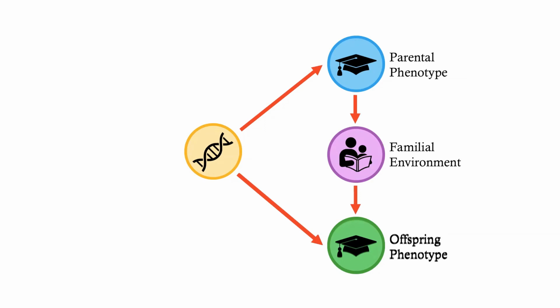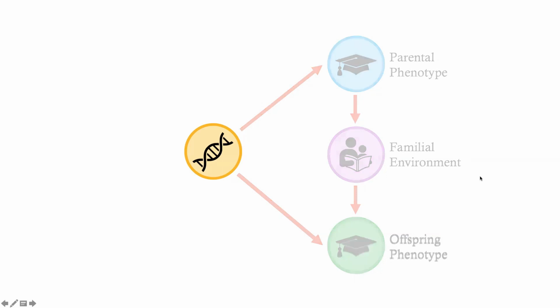So as you can see, the same genes that are directly influencing the offspring phenotype are also influencing the parental phenotype, which in turn influences the familial environment. This means that children who inherit genes that predispose them to a given trait are also more likely to inherit a familial environment that predisposes them to that same trait.